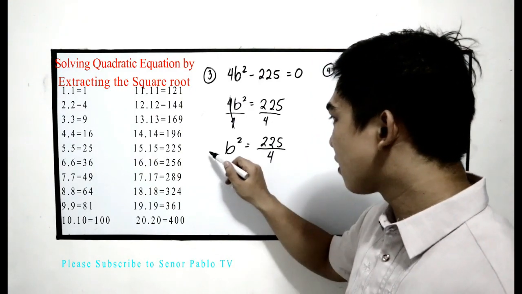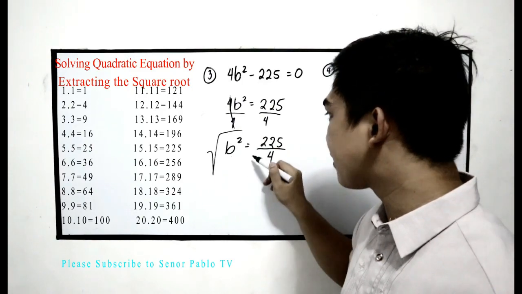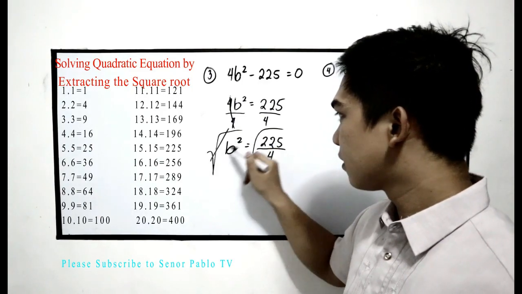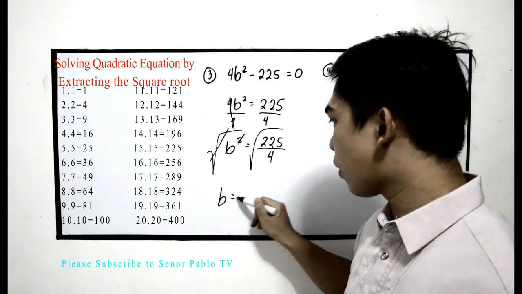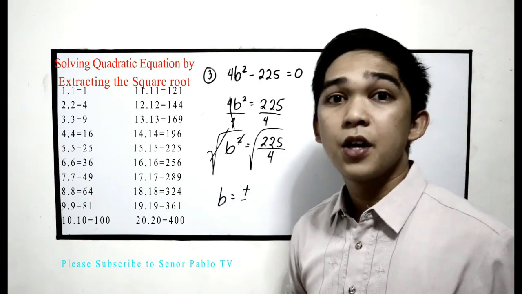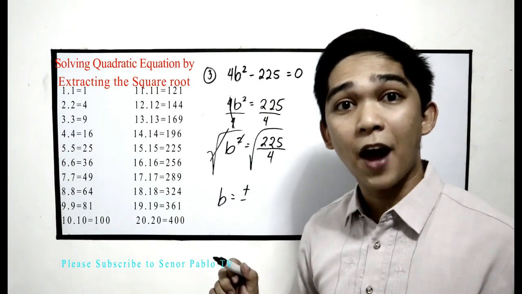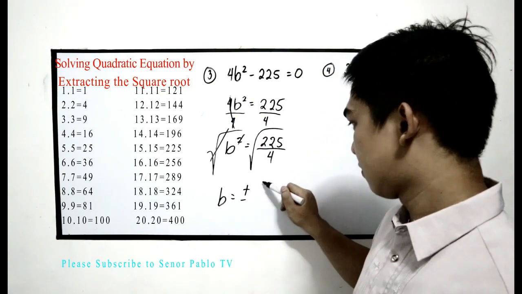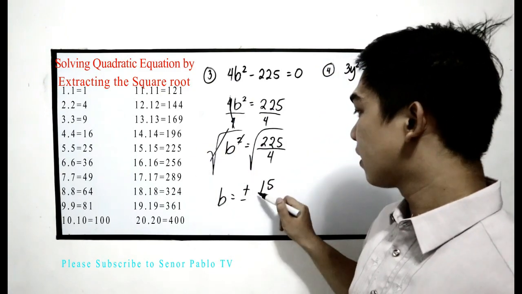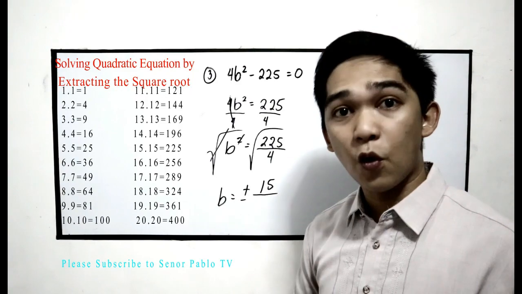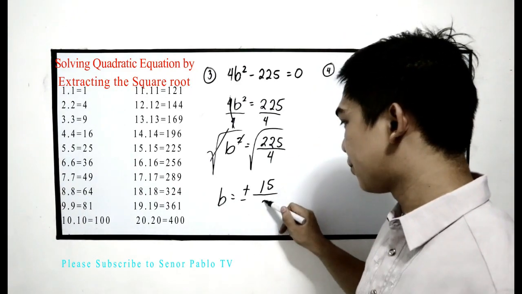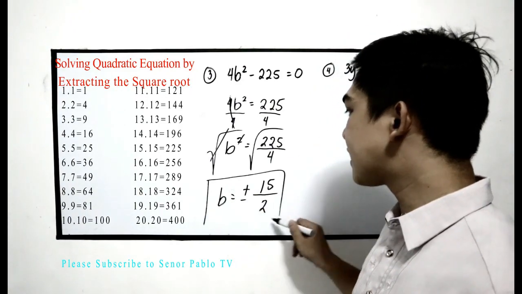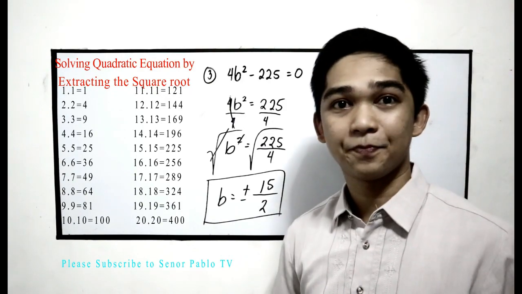So that means we now need to extract the square root. b is equal to positive negative square root of 225, that is 15, over square root of 4, that is 2. This is now our final answer.